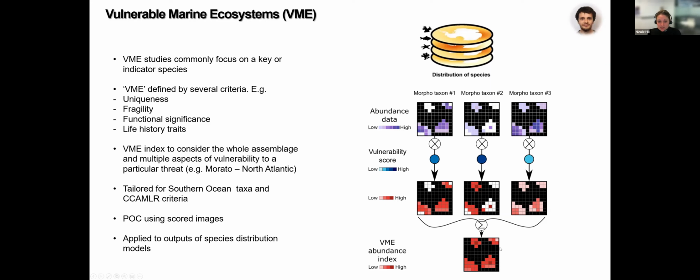So this index will be tailored for the Southern Ocean taxa and the CAMELAR criteria, which are similar to but different to some of the other regional fisheries management authorities.